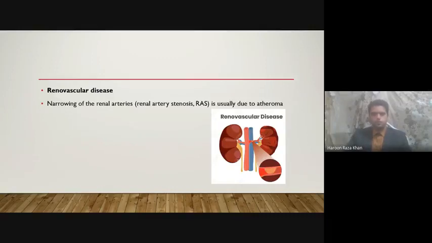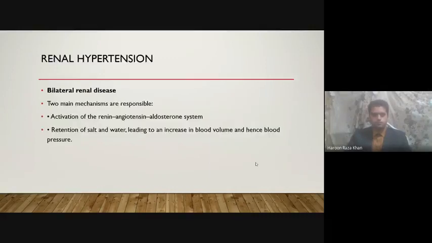Now, what happens is when the kidneys receive low blood flow because of the stenosis, they act as if the low flow is due to dehydration. So sadly, the kidneys interpret the low blood flow as maybe there's dehydration going on in the body.